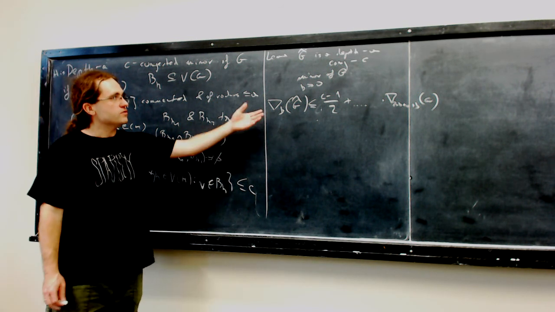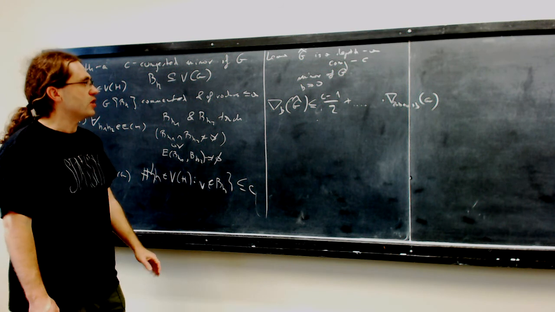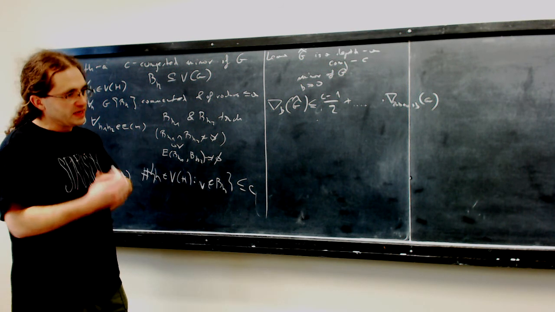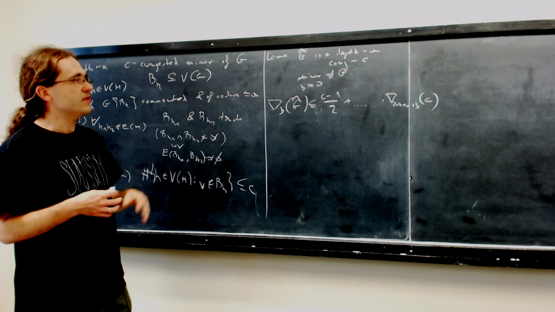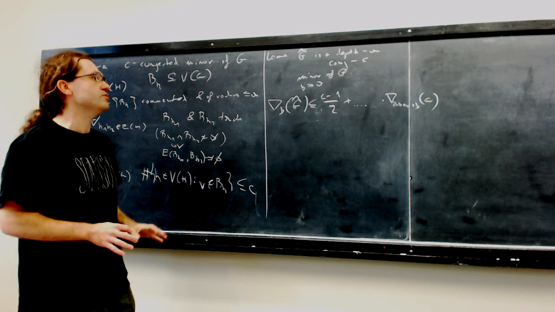I mean, they have sparse shallow minors. And we made some proof, and there was some hand-wavy part which was not really completely true, so I want to fix it now.